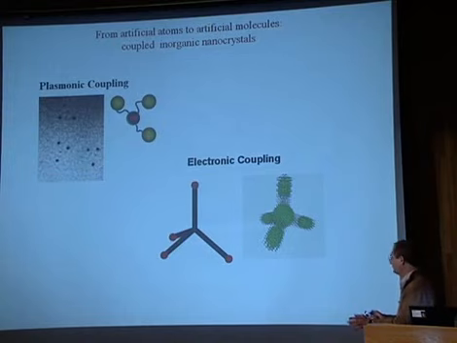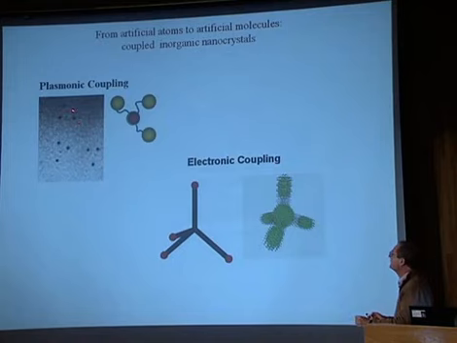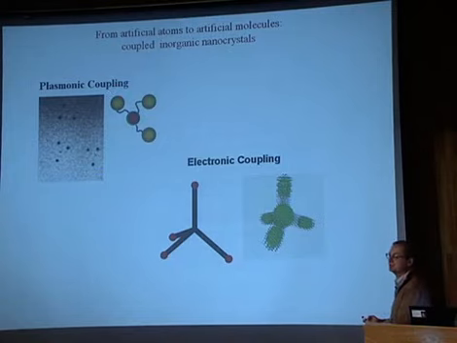But fortunately, they do have that property, and the reason is that in this first case that I'll show you, it will be a through-space coupling. The DNA will only create a spatial arrangement, but the particles will couple to each other via the plasmons. I'll try to explain a little bit about plasmons as we go along.